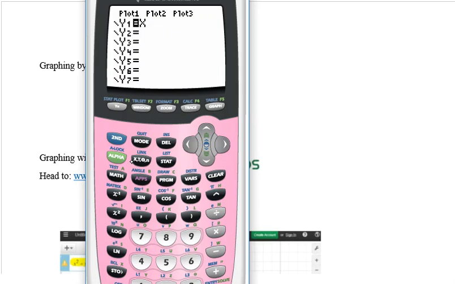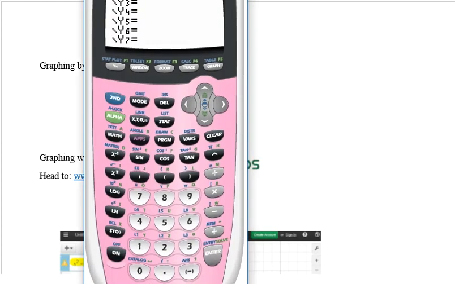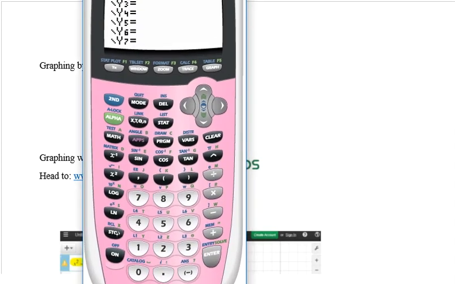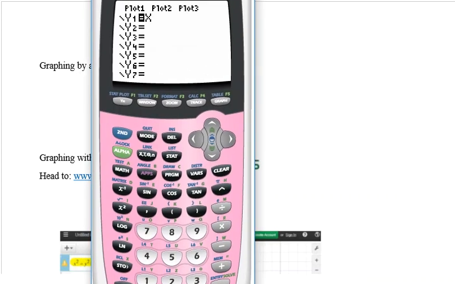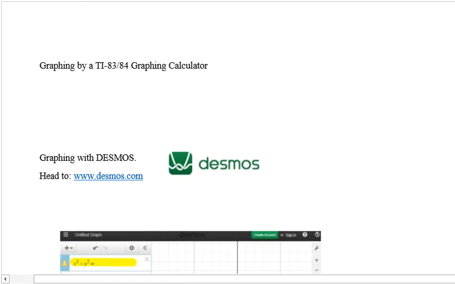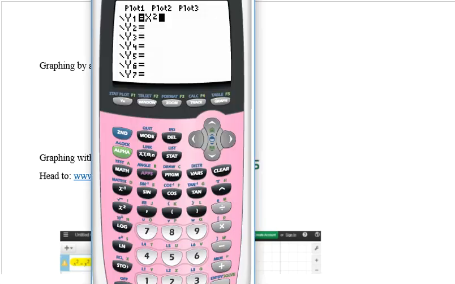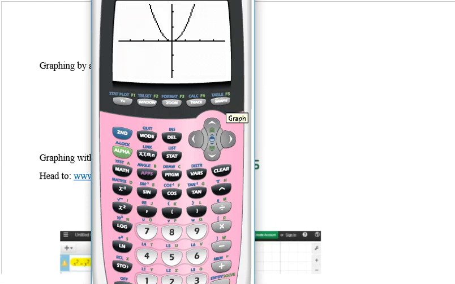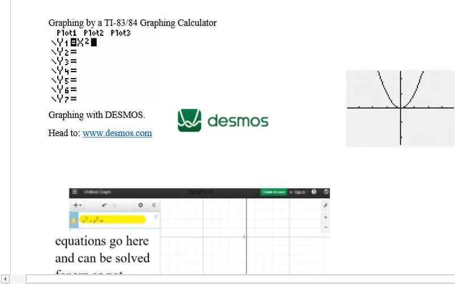I like the x that's right next to the alpha button, but you can actually hit alpha and then the sto button down here as well as another way to get to x. So I'm going to hit x and then I'm going to hit squared. Okay, so that's what that looks like. And then I'm going to hit graph. You can see the lovely graph that comes out.